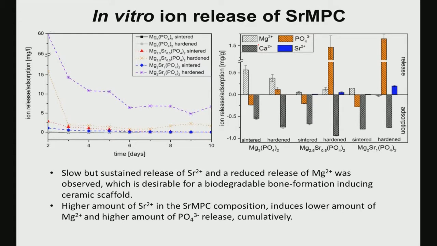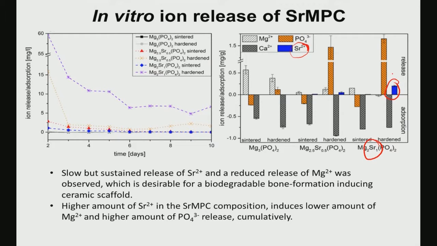Now, in vitro ion release, as I said in the beginning of this particular case study, this strontium ion is expected to be released, and we check whether these strontium ions are released at all when this Mg2 Sr1 (PO4)2 is put in the in vitro solution, let us say a physiological medium.